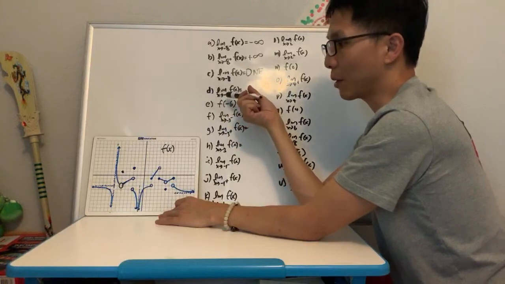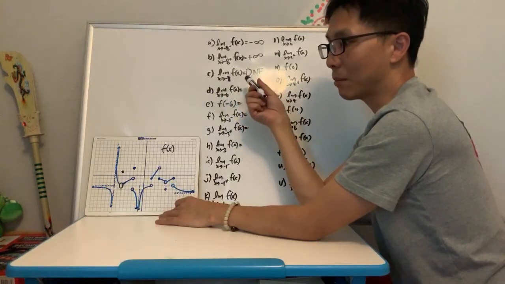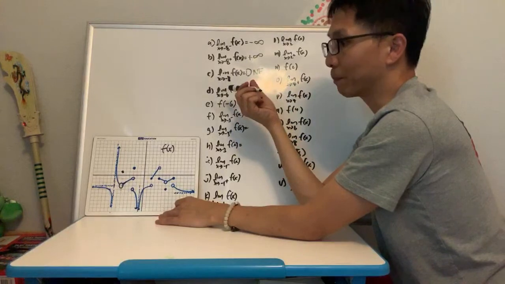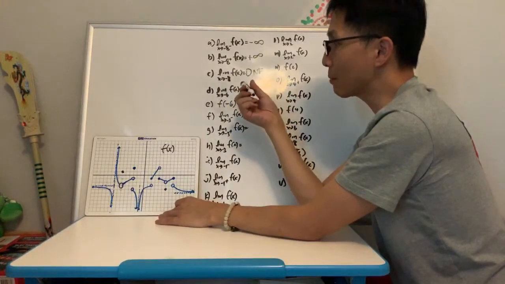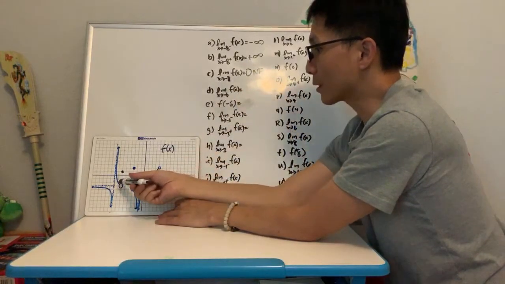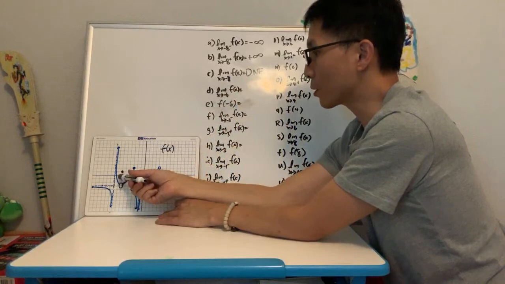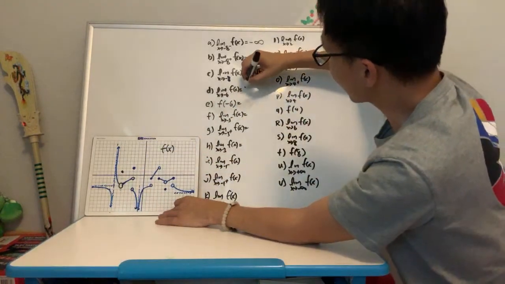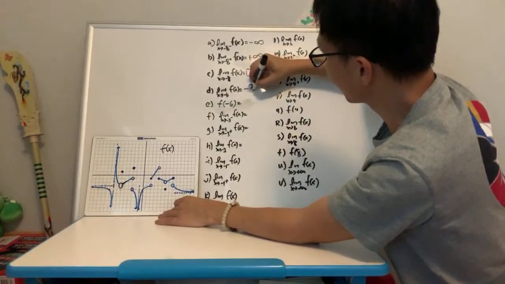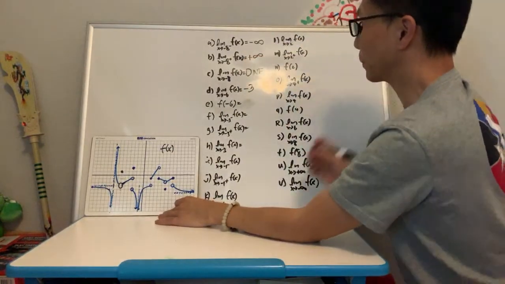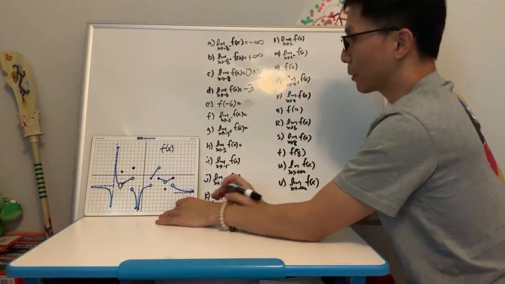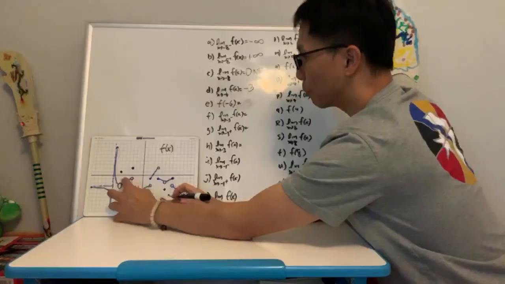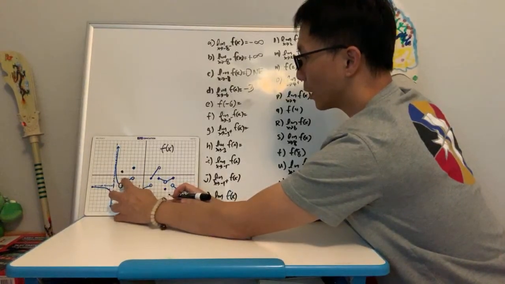Then you have to check both sides. They have to come to the same number. If they don't, then the limit does not exist. If they come to the same number, which in this case is the open circle, which is 1, 2, 3, so it'd be -3. So in this case, it's going to be negative 3, because both parts reach negative 3.